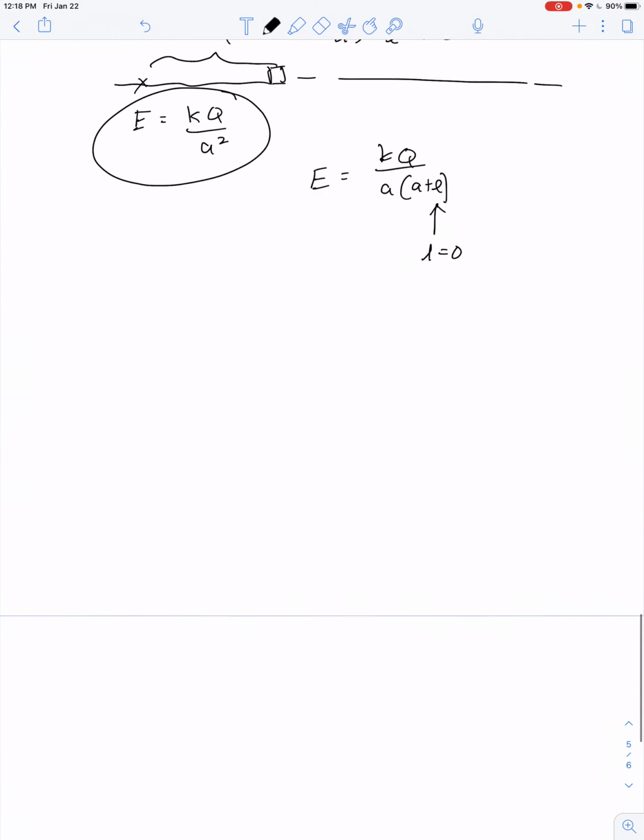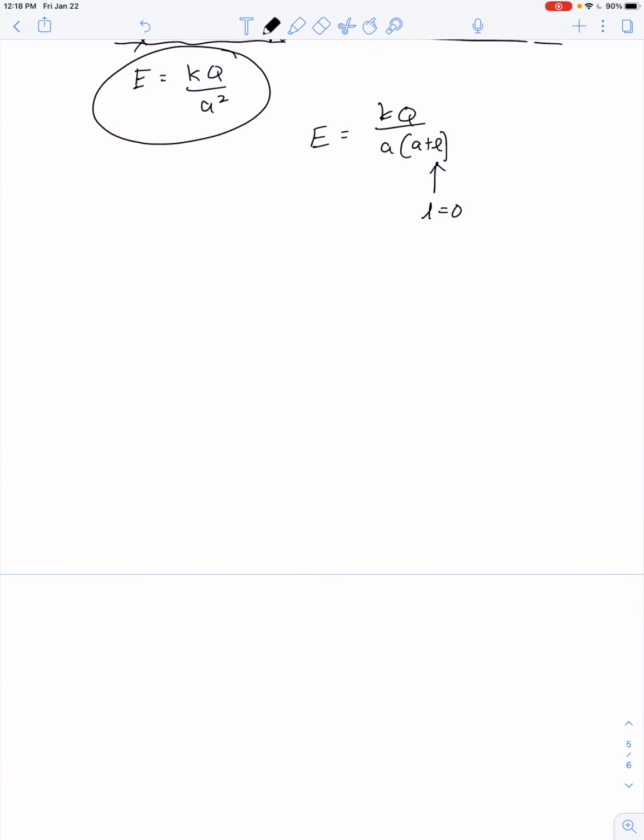So in the next few videos, we'll see if we can determine what's the electric field for, well, I'll give you a few ideas. If we took a piece of plastic and bent it into a ring, here we're looking on a three-dimensional axis. We've got the x, y, and z axis coming out of the screen, so to speak.